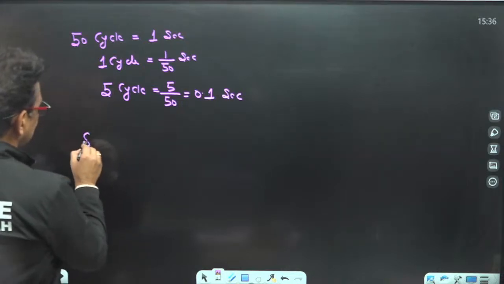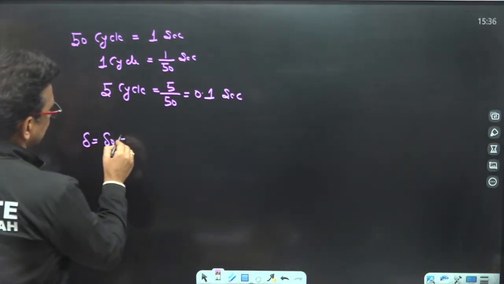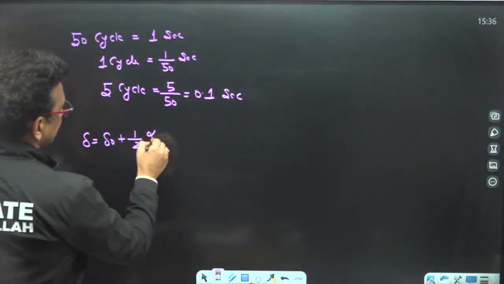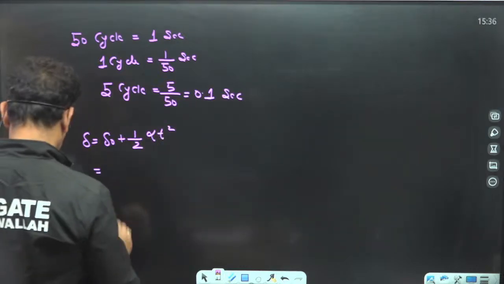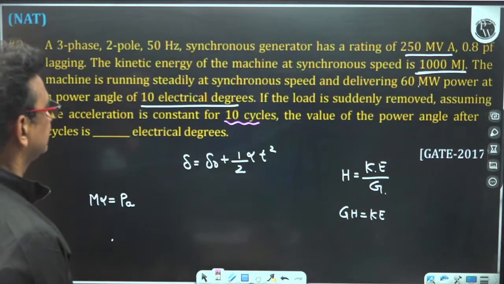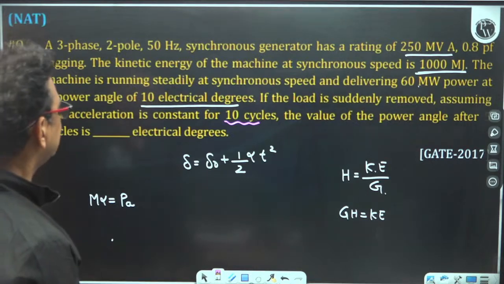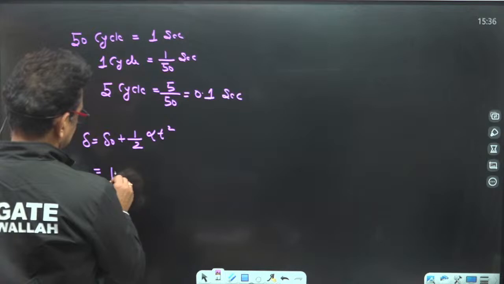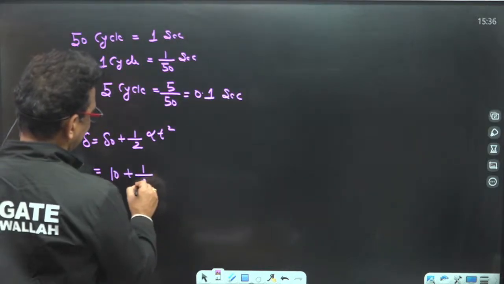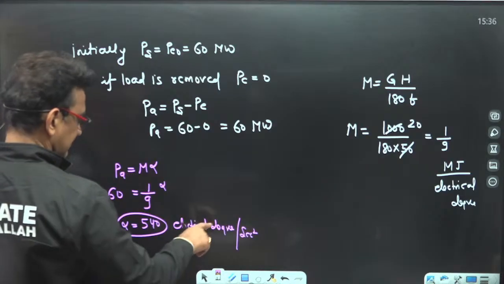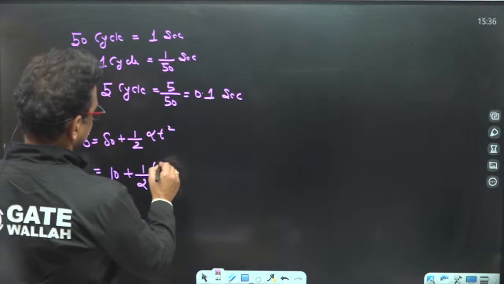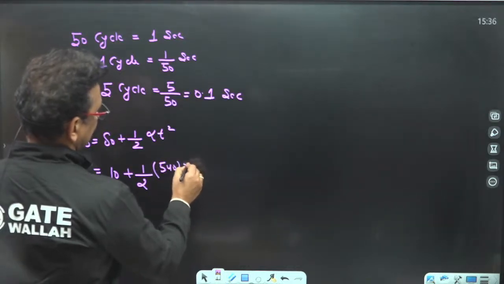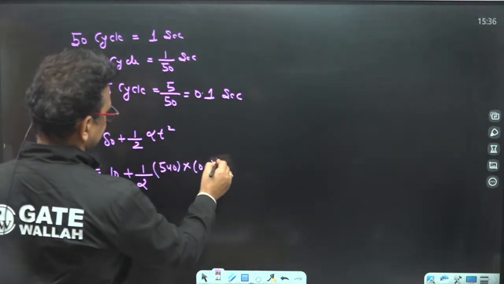Now delta is equivalent to delta naught plus 1 upon 2 alpha t square. Put the delta naught. Initially it's 10 electrical degree. 1 by 2 alpha is also in the electrical term, 540 into 0.1 square.